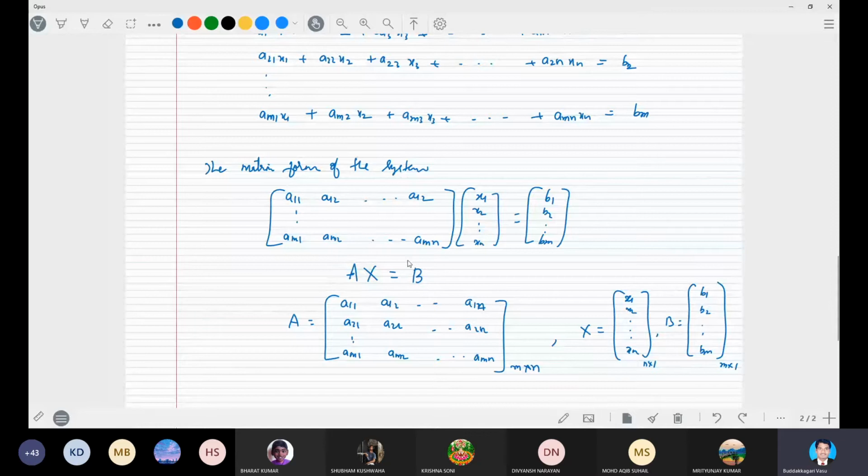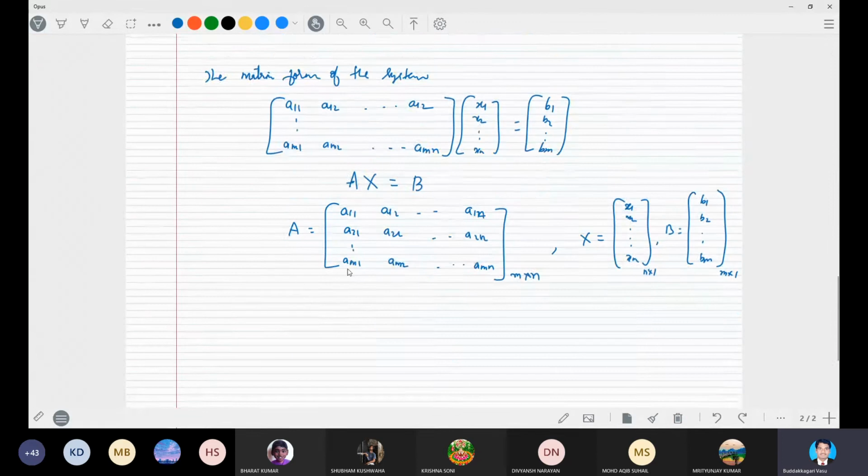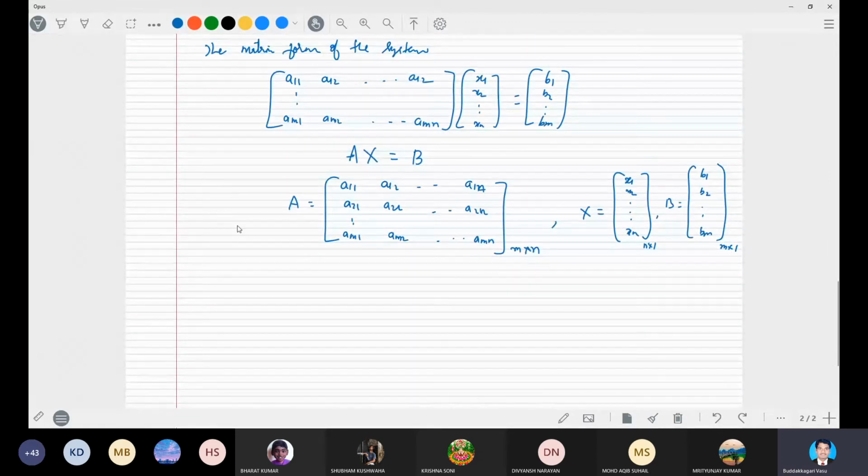Do you know how we can solve this system Ax is equal to b? Hopefully you know the solution process of a linear system of equations using the matrix method. First we write its matrix form, that is Ax is equal to b. And what is the solution matrix? That means the unknown matrix has to be determined.